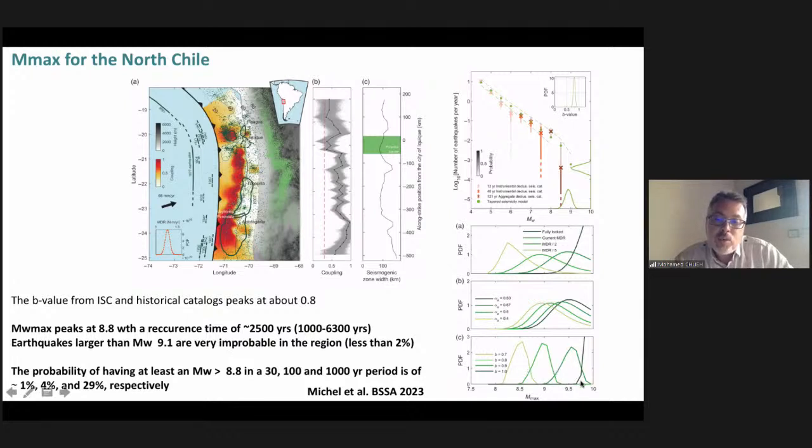The lower this b-value is, the lower the maximum magnitude earthquake will be. So you can see that determining the maximum magnitude earthquake is not easy, because we need permanent observation at a very long time scale and to quantify these different parameters that come into account here.